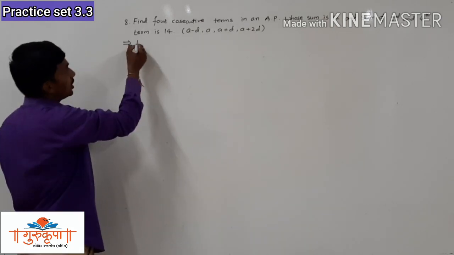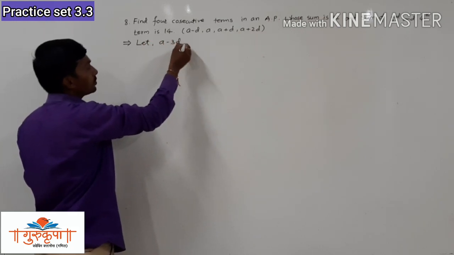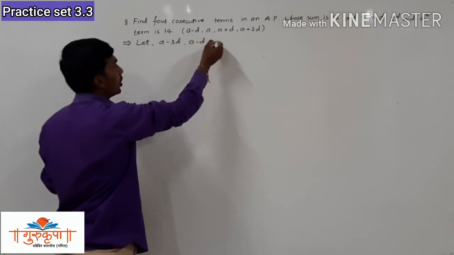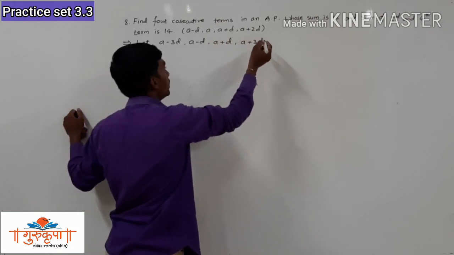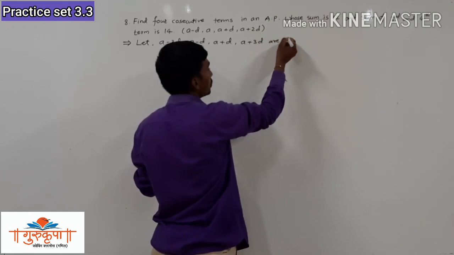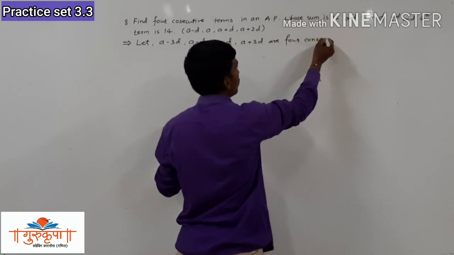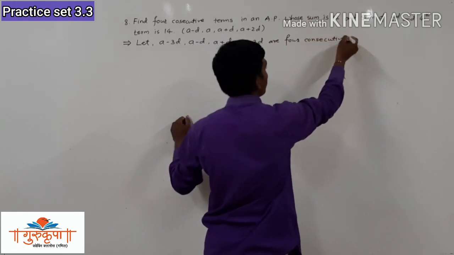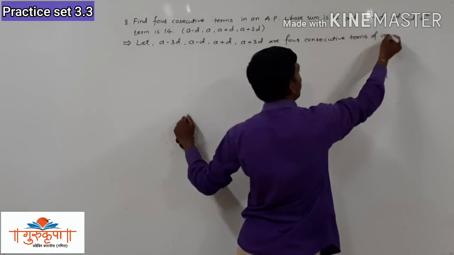So here we can write, let a minus 3d, a minus d, a plus d and a plus 3d be 4 consecutive terms of an AP.